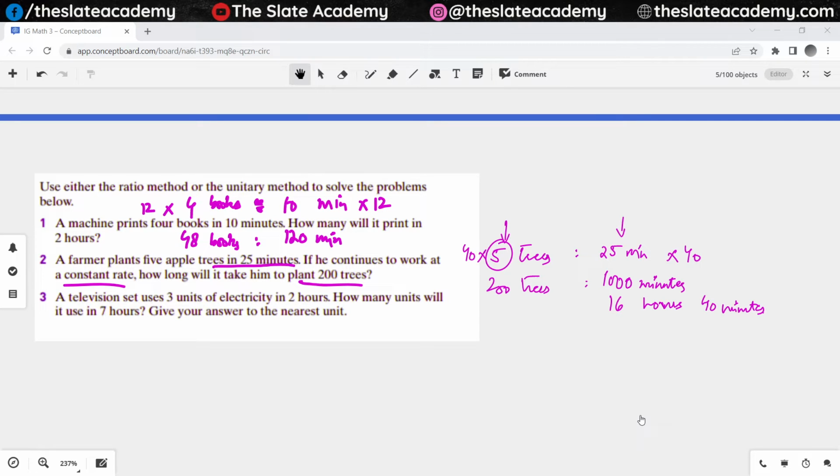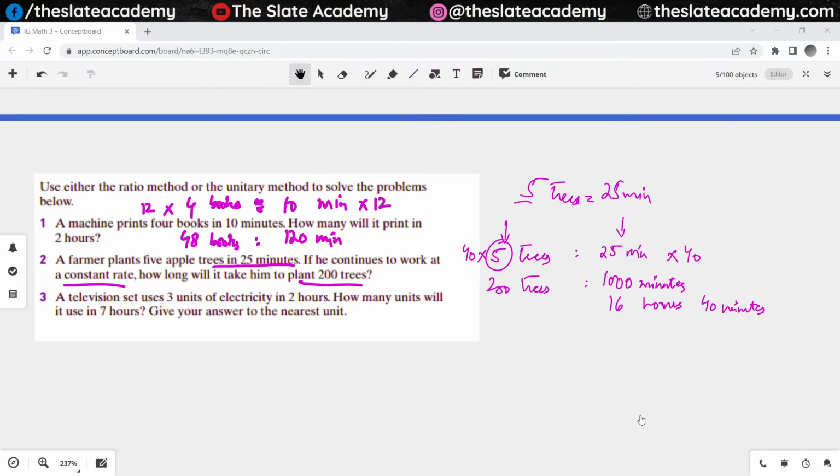Okay, Miss Anam, do you get it now? If you don't get it, please quickly tell me. I can re-explain this thing. Okay, so initially you have 5 trees. How much time does it take you to plant 5 trees? 25 minutes, right? Now I don't need it for 5 trees, I need it for 200 trees.